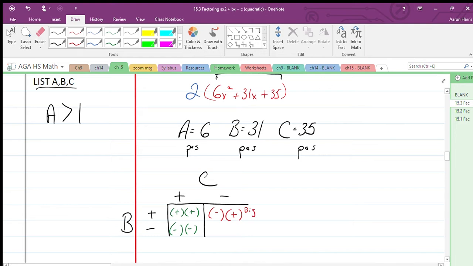And if C is negative and B is negative, then I'm going to multiply by a positive, but the negative number was the bigger of the two. Okay, so that's our little graphic organizer, and I'm able to figure out what A, B, and C is quickly.